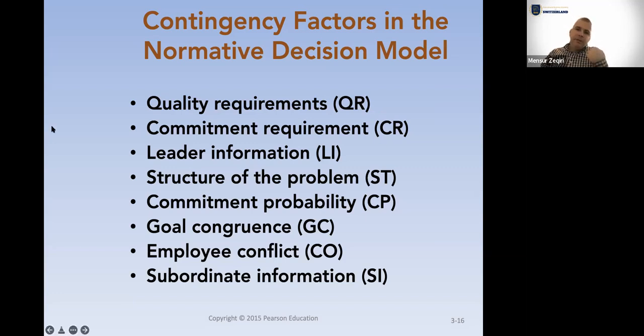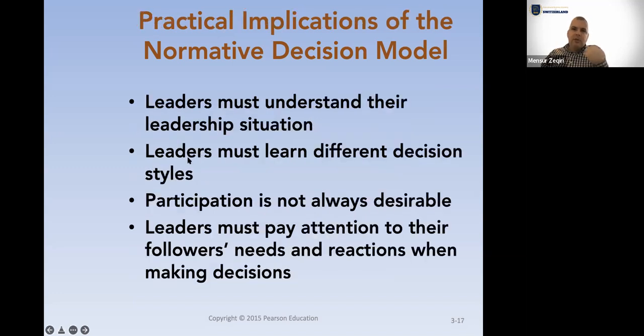So without being informed, without having the information, it is extremely hard for you to act in line or to make particular decisions.